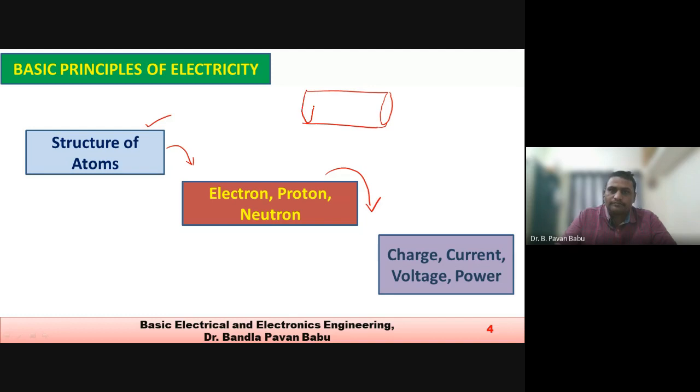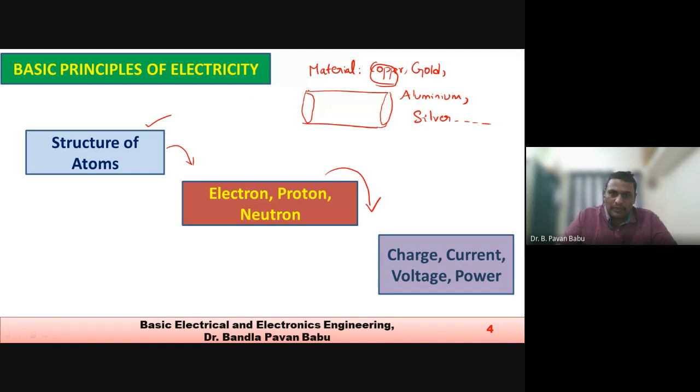Let us consider this as a material. The material may be copper, gold, aluminum, silver, like this, which are conducting for electricity. Such materials we need to consider. Mostly we go for copper, as we all know.